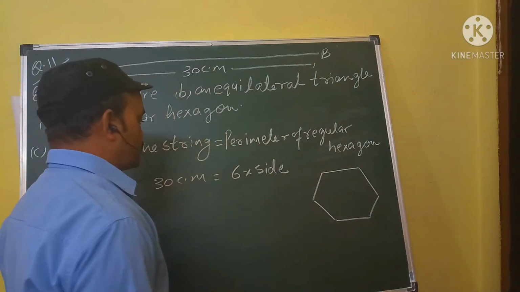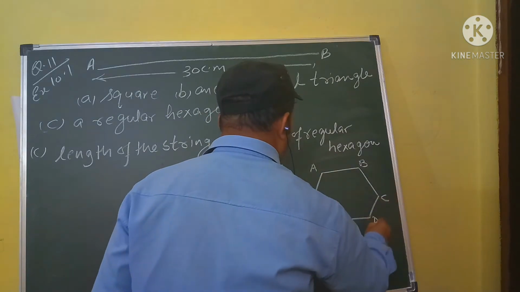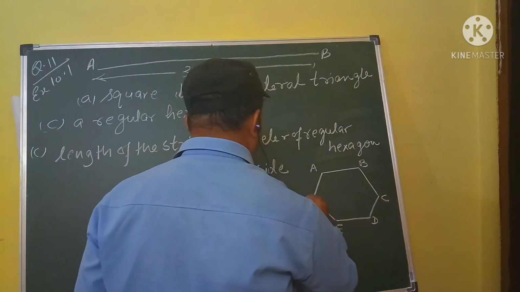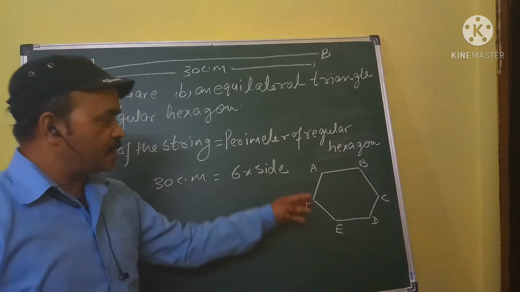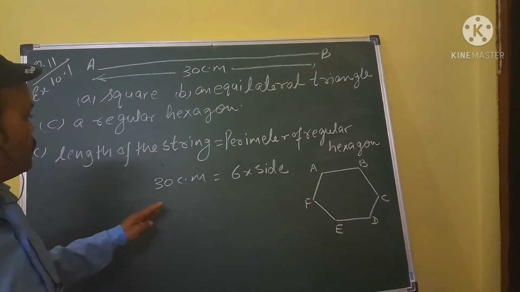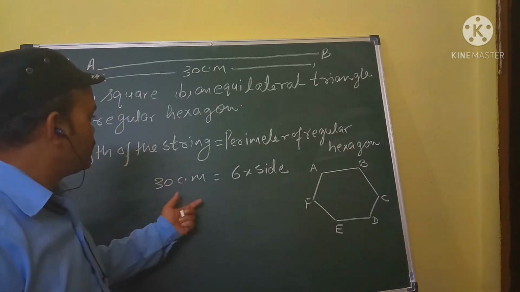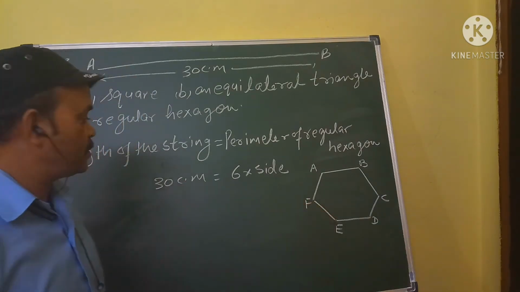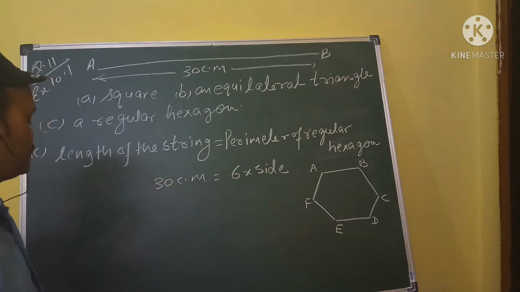Now look here. This is the regular hexagon A, B, C, D, E, F. Okay, ABCDEF is a regular hexagon. In this question we will find out the length of each side of the regular hexagon. So 30 centimeter is equal to 6 into side.